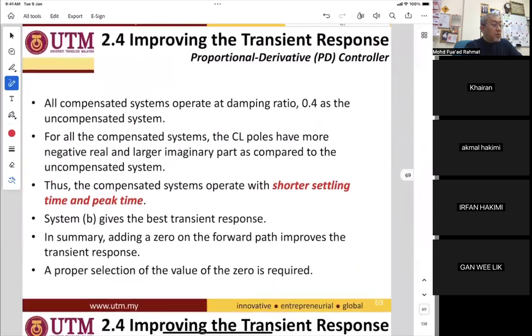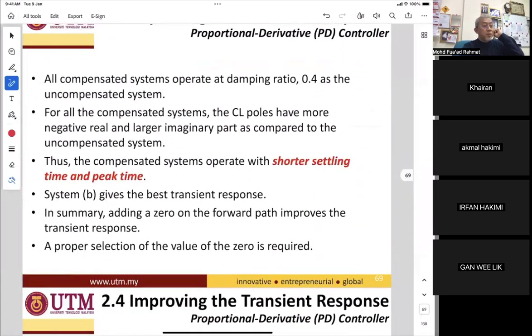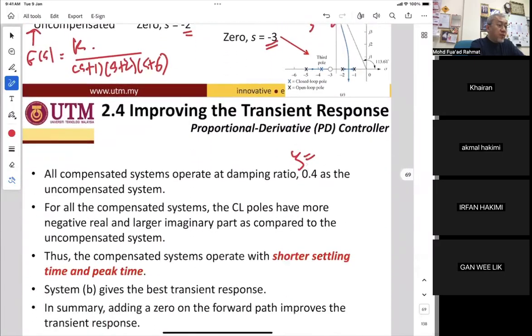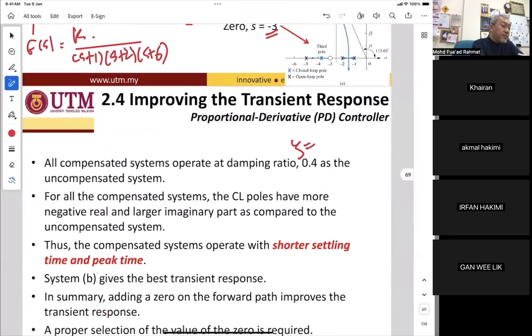So all compensated systems operate at a damping ratio of 0.4, which is here. So 0.4, what is the angle theta? Irfan Hakimi, what is the angle of theta for the damping ratio line 0.4?